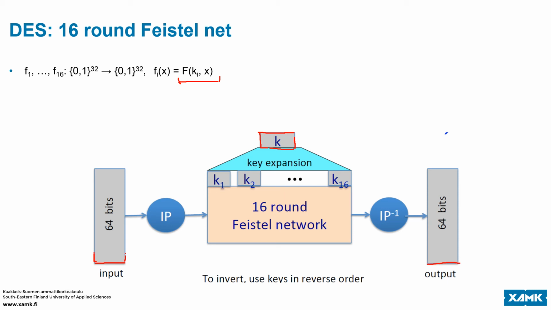And as stated before, because the Feistel network is supposed to be a collection of reversible functions, to decipher the messages, we just do this process but use keys in the reverse order.